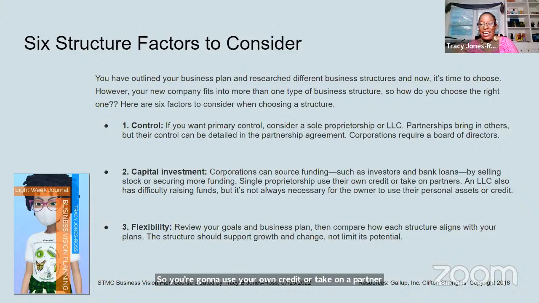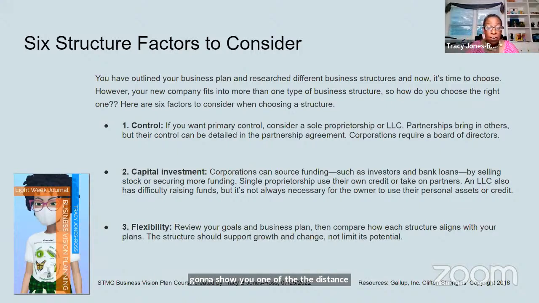An LLC also has difficulty raising funds, so it's often necessary for the owner to use their own personal assets or credit. If you want to use your own assets and credit, we're going to show you one of the business structures you can fall under.